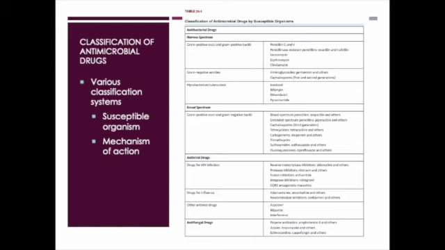And then the second thing is the clinical use of antimicrobials. So we'll talk about what the criteria for drug selection are, host factors that might modify drug use, use of antimicrobial combinations, and what type of drugs we would use for prophylaxis.